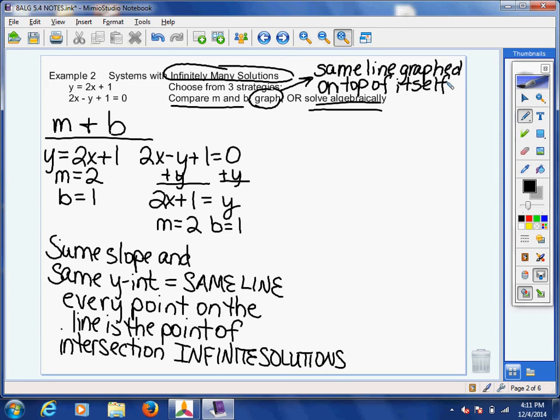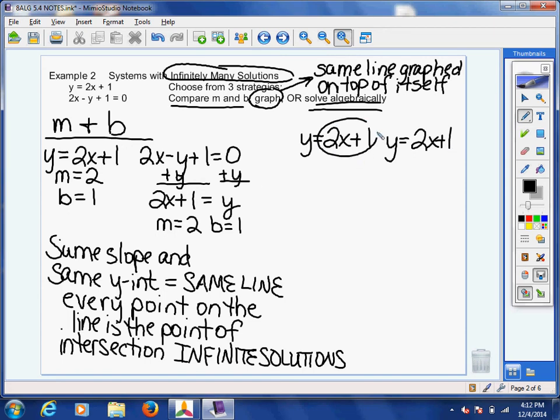Okay, let's see how it looks solving it algebraically. I'm going to keep the slope-intercept form, and I'm also going to bring down the other slope-intercept form from the second equation, the one I rearranged, which was 2x plus 1. This is what I rearranged it to.